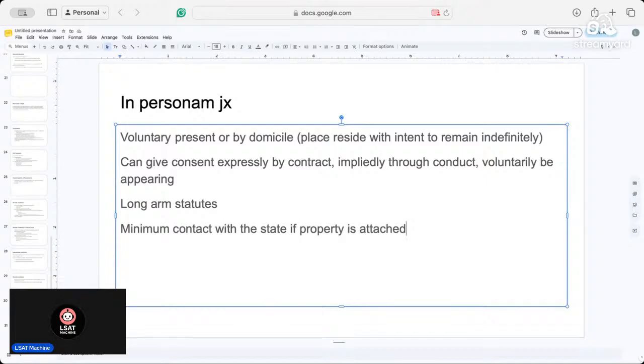Okay. So what does it mean for minimum contacts to be met?